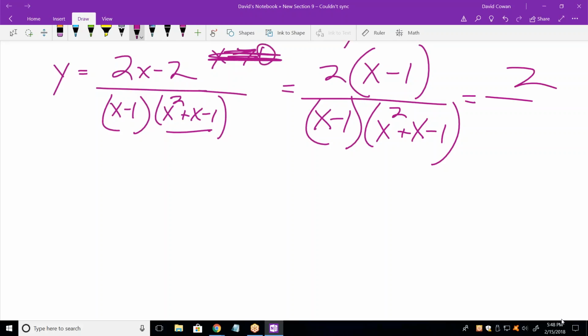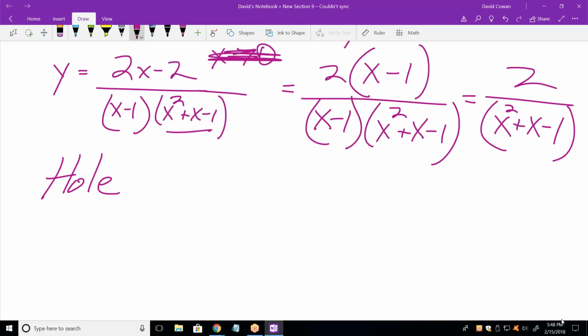Yep. In which case, that eliminates a vertical asymptote. It creates what is called a hole. You're familiar with holes? Yep. There's a hole at x equals 1 that does not go away.